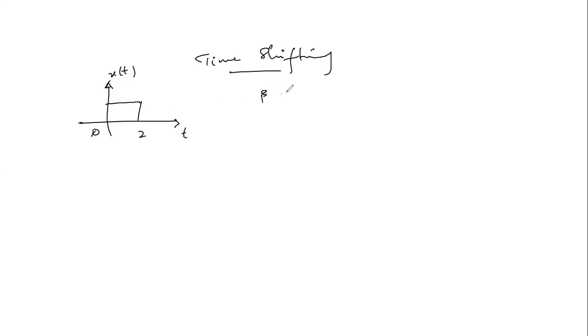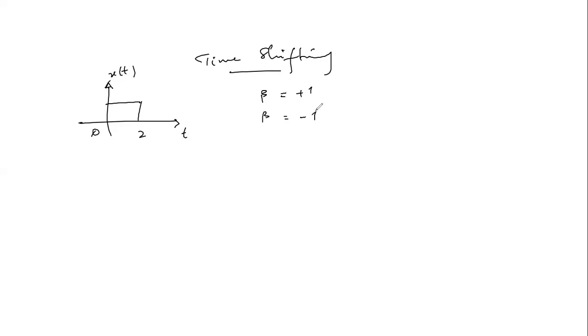This is time shifting. So, a regular example, this is 2, this is 0, S of t. So let's assume that beta is the same as +1, and beta is also the same as -1.